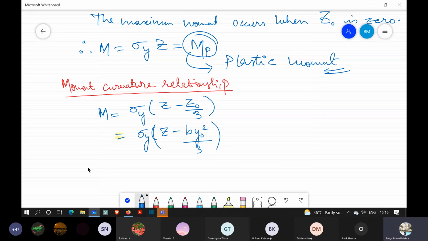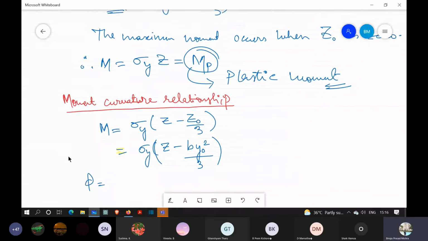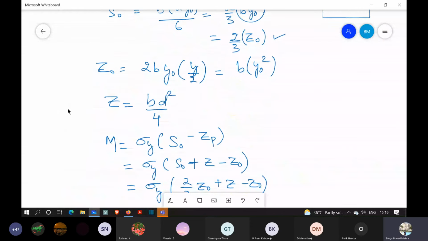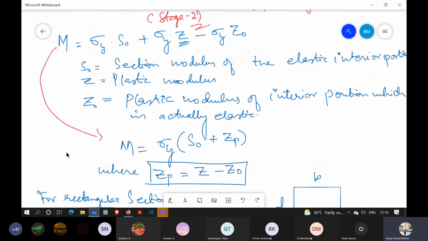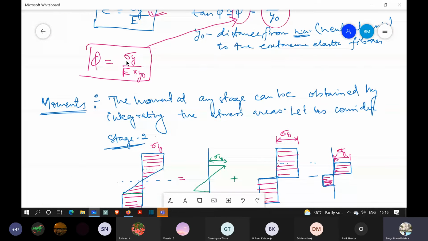And we already know phi. What is the value of phi? Here you can see, this one is the moment. This one, phi equals sigma y by E into y0.